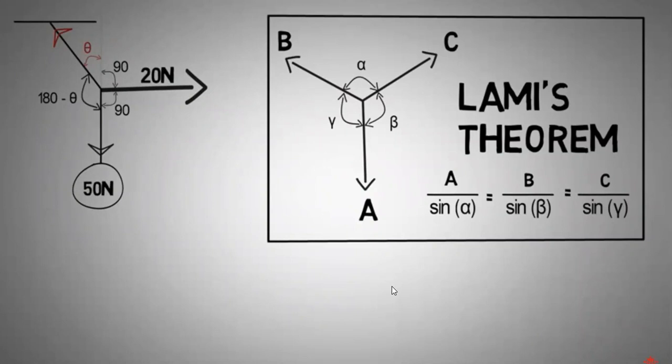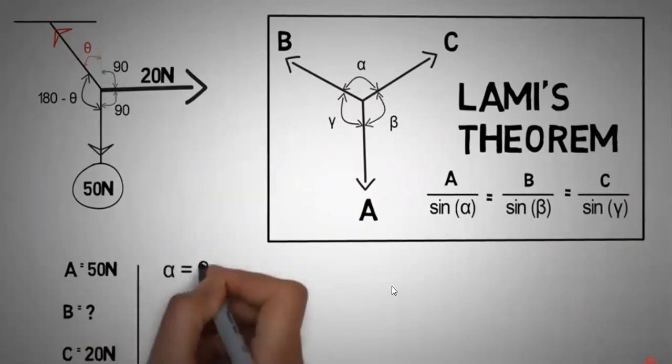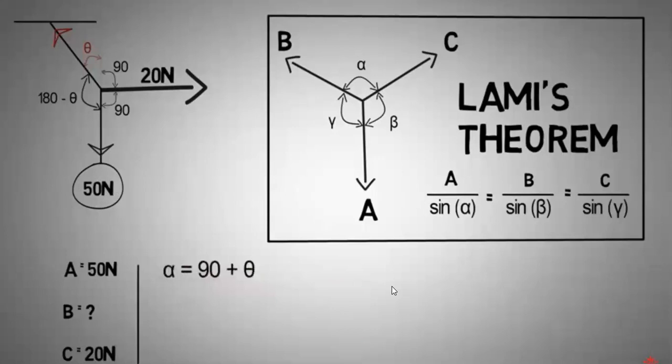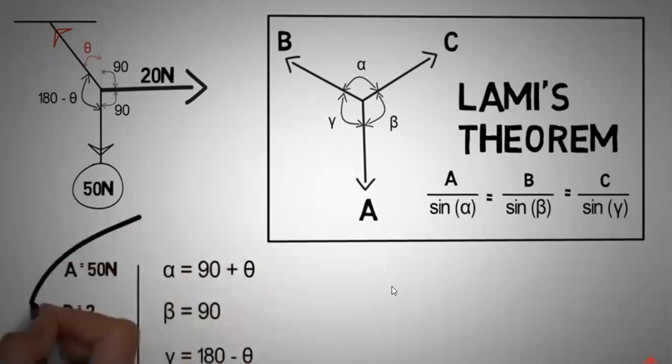Comparing the two diagrams, A is equal to 50 newtons. B is the tension force that we need to find. C is 20 newtons. Alpha is 90 plus theta. Beta is 90 degrees. And gamma is 180 minus theta.